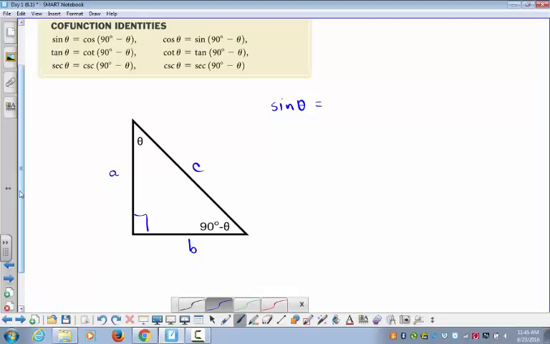No. Opposite over hypotenuse? Yeah. B over C? Everybody agree? Are we all on the same page? Okay. Now, let's look at the cofunction of sine. What's the cofunction of sine?